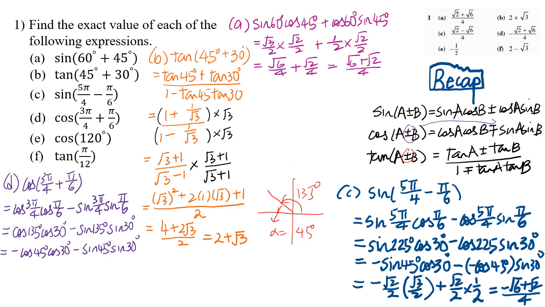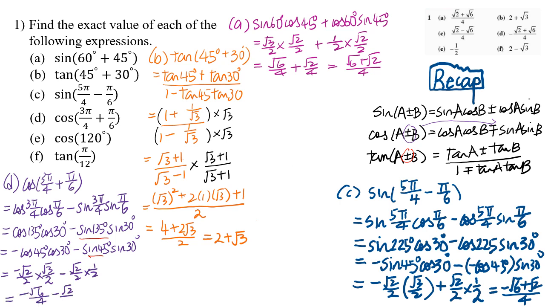However, the sine ratio is positive in the second quadrant, so sine 135 will just be equal to sine 45. Okay, and then you just substitute in the values for cos 45, cos 30, sine 45, sine 30, and you would get negative square root 6 minus square root 2 over 4.